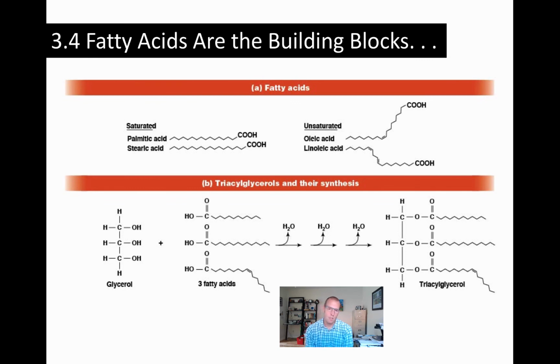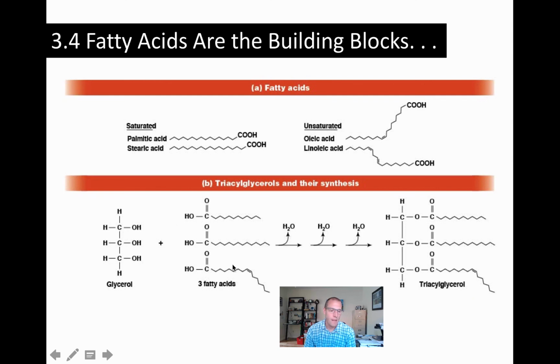That changes the structure, and therefore we see some effects on the chemical properties and therefore the functions of these kinds of fatty acids. So the fatty acids on the left will be tightly packed. They form solid types of fats, generally classified as fats, and these unsaturated fatty acids will generally form oils at room temperature.